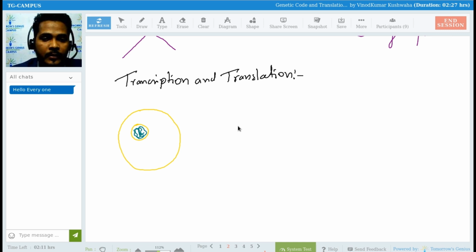So we can say the collagen gene is present in that DNA somewhere, like suppose this is a particular segment, so here the collagen gene is present. Just imagine this pink color. Can you see the pink color in that diagram? So this is called the collagen gene.